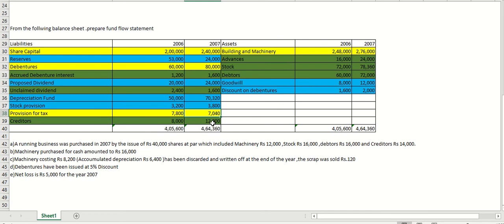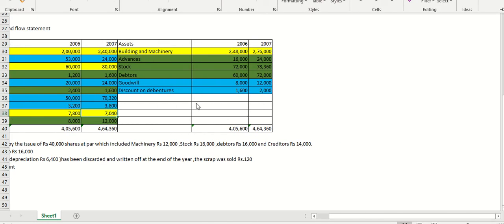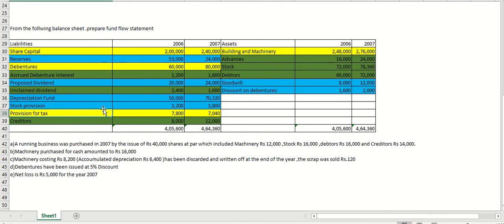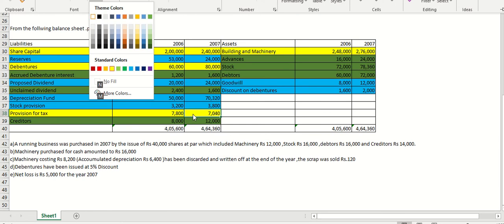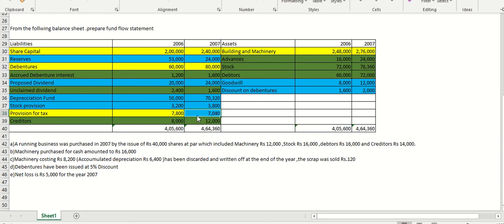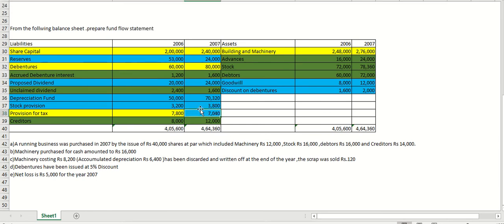And what are we supposed to do with the 7,040, which is the current year provision? That will be shown up in your profit and loss adjustment account. The provision for the year 2007 is 7,040, and the tax paid, which is your last year provision, is taken as the current year tax paid, which is 7,800, and will be shown in your fund flow statement.